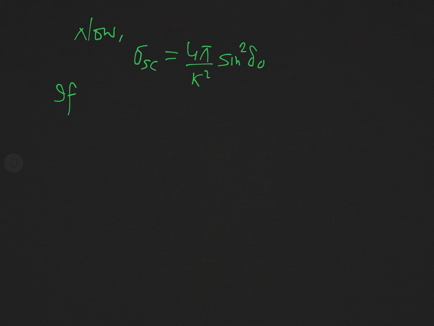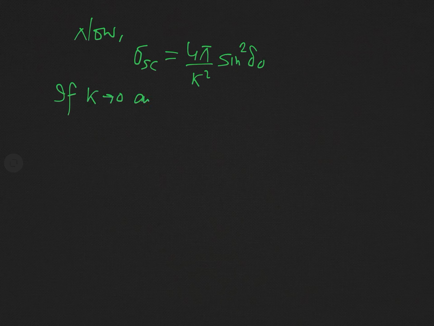and its effect on the total scattering cross section. Now we know that the total scattering cross section, particularly in case of scattering of S wave, we have just mentioned above that this sigma SC is equal to 4 pi over k square sine square delta naught.